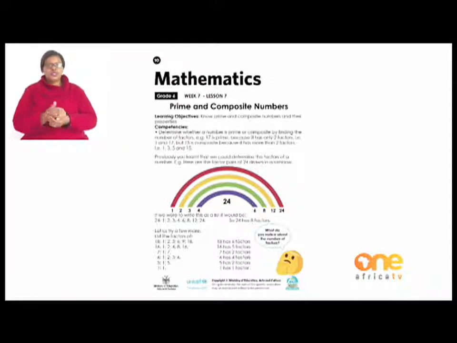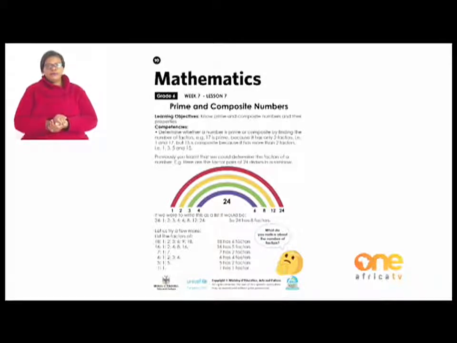Now, the reason why we are talking about factors is because this whole topic of prime numbers and composite numbers has to do with factors. And we are going to look at a couple of factors now. So, let's look at the list of factors below.